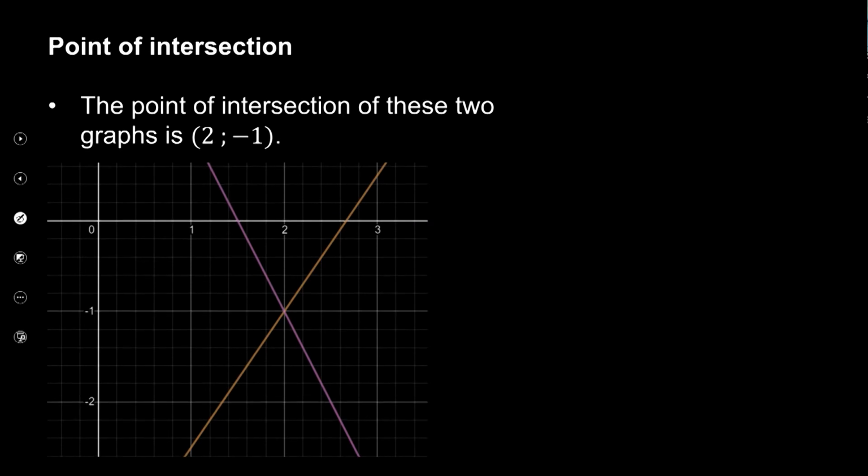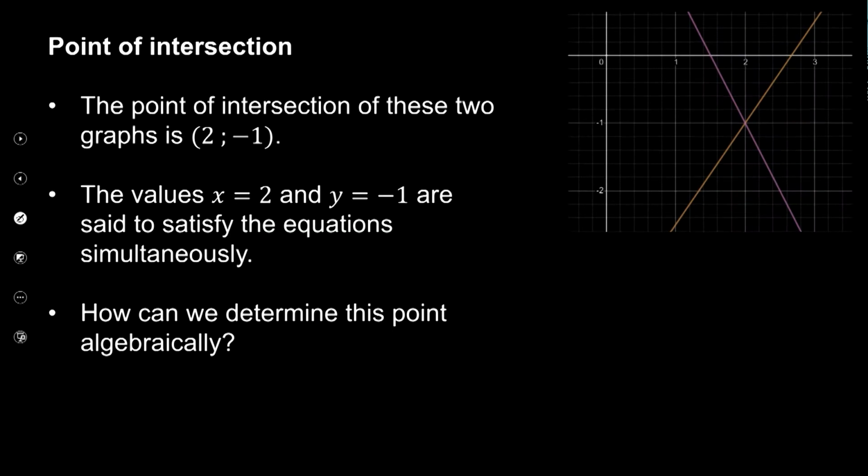You will see that the point of intersection, which is actually where the two graphs pass each other, is at the point 2 there for x and minus 1 there for y. So you can already see that my unique point will be this one that I have here. This will be the unique point that satisfies these two equations that I've been talking about. So the point of intersection, as I said, is 2 and minus 1. You can see on that graph there by the corner.